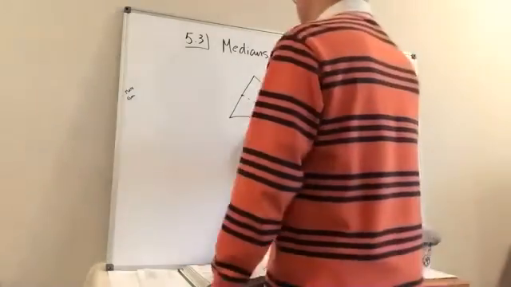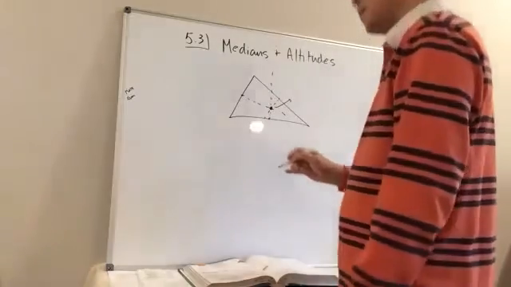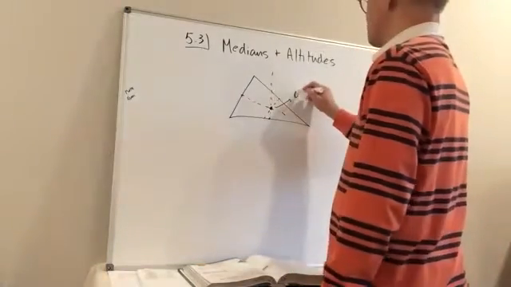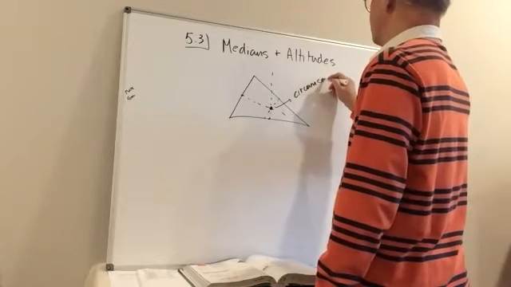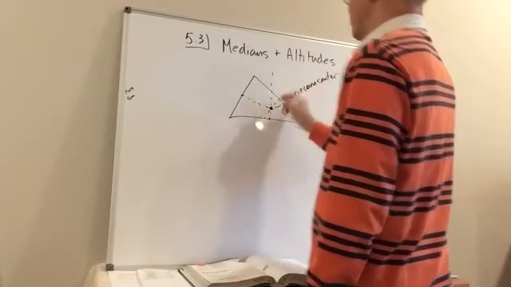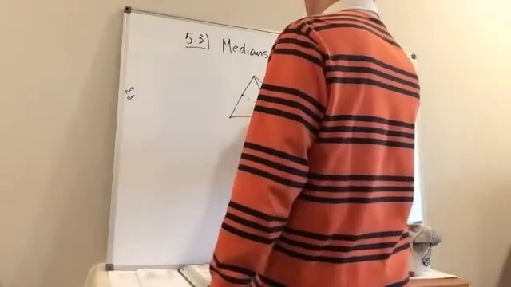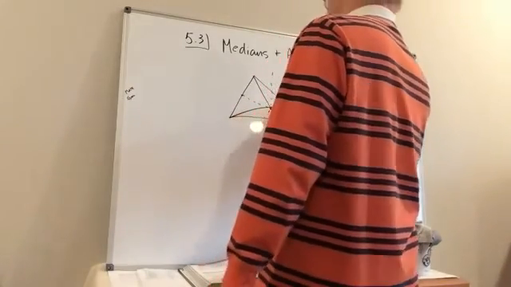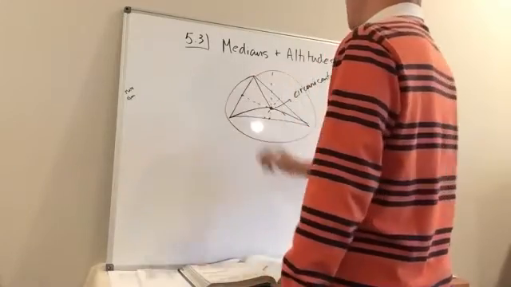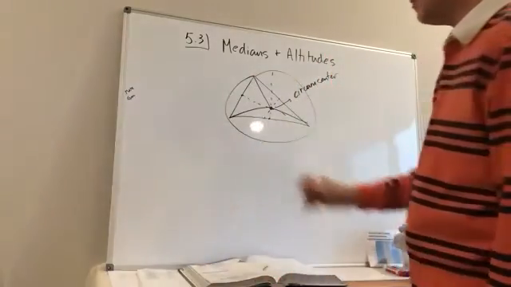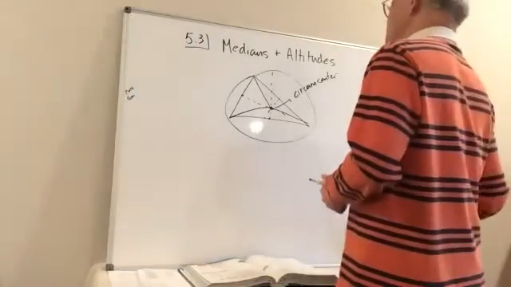Does anybody remember what this is called? It's called the circumcenter, because this length and this length are all the same, and we can draw a circle on the outside. So that was the circumcenter.